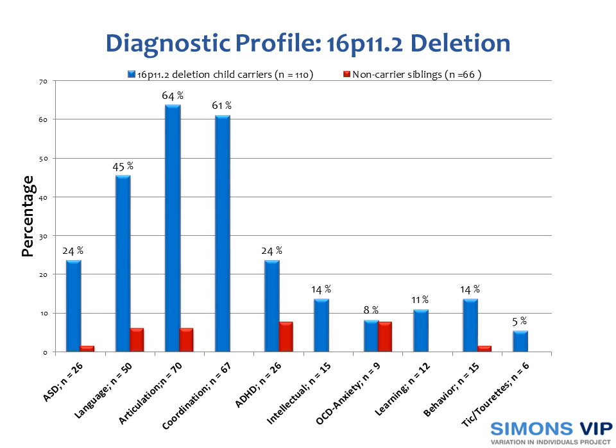So what we found for the children who had the deletion, when we compare them to their siblings, and you can see above we had 110 kids who had a deletion and 66 siblings, is that pretty much across the board there was a much higher rate of these diagnoses in children who had the deletion.